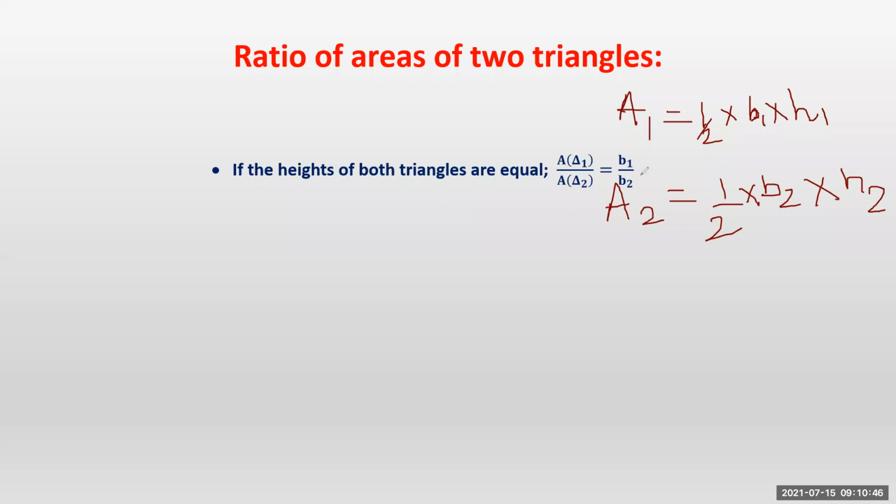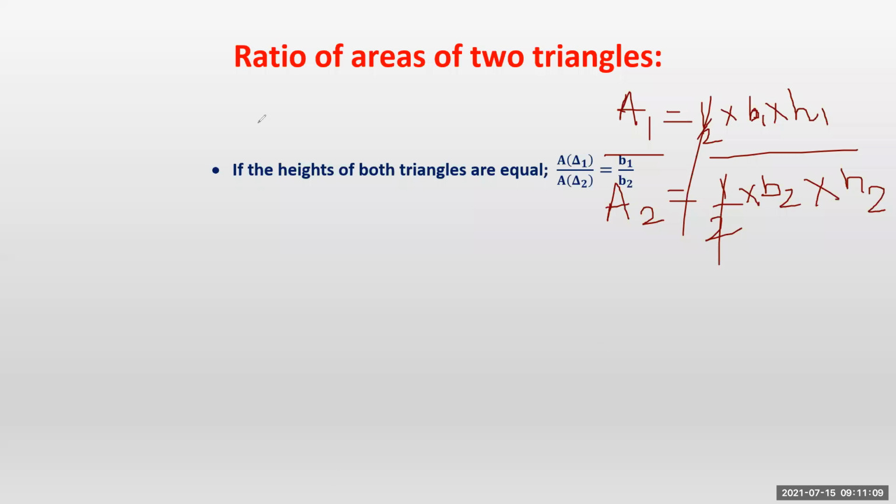Now, if you are going to consider the ratio, A1 upon A2 equals to half into B1 into H1 upon half B2 into H2. This half and half is going to get cancelled off. Now, what is left with you? You're left out with B1, B2, H1, H2.